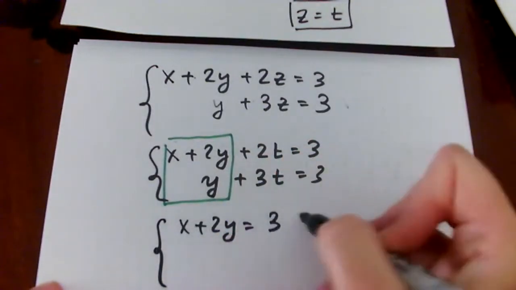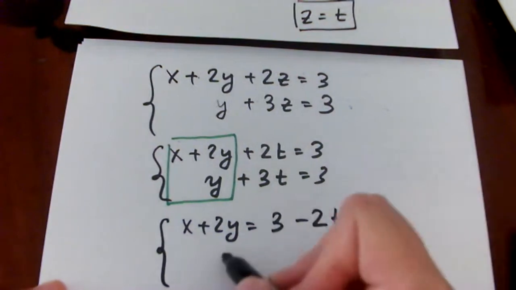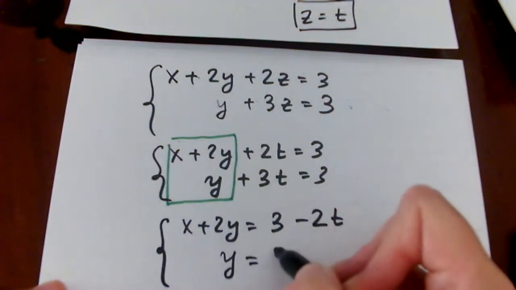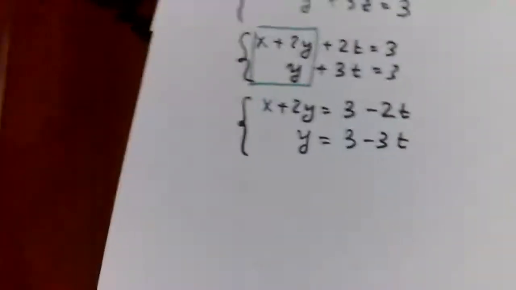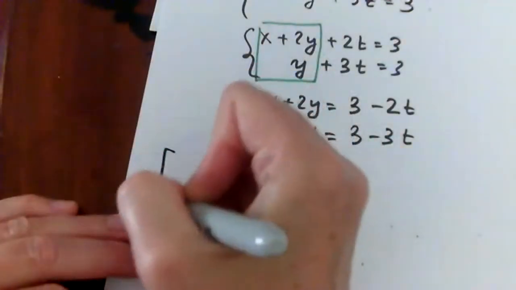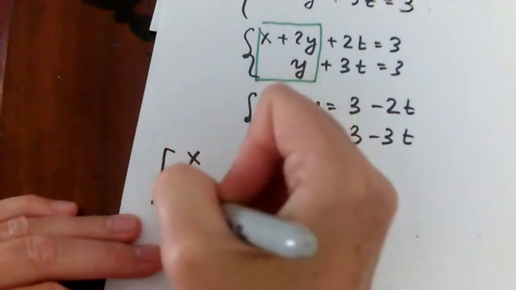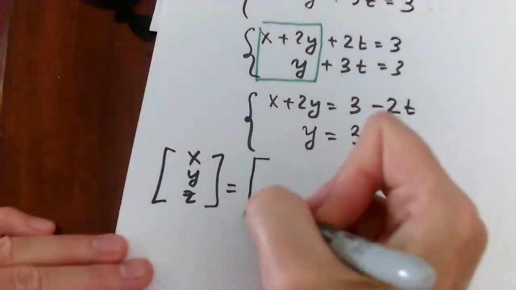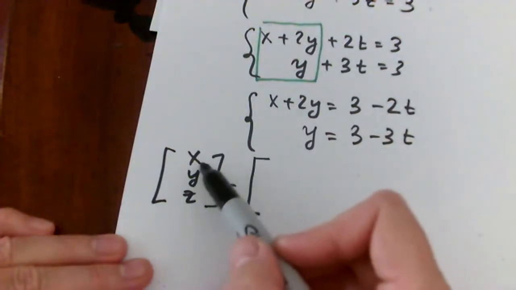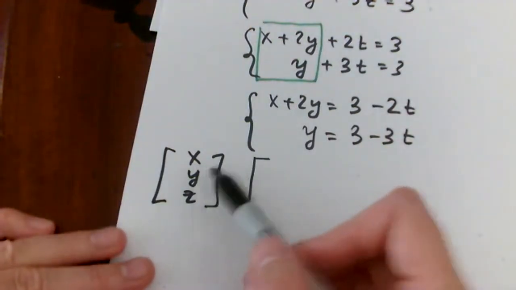Okay, so the first equation will be rewritten like this, and the second equation will be like this. And it turns out that they already solved our problem. It's time to write out our answer. Our answer is the column of unknowns of our variables, and let's substitute our results instead of each of these.